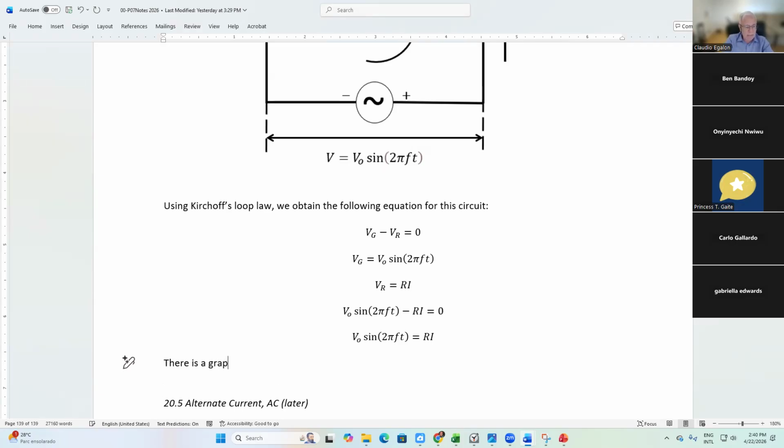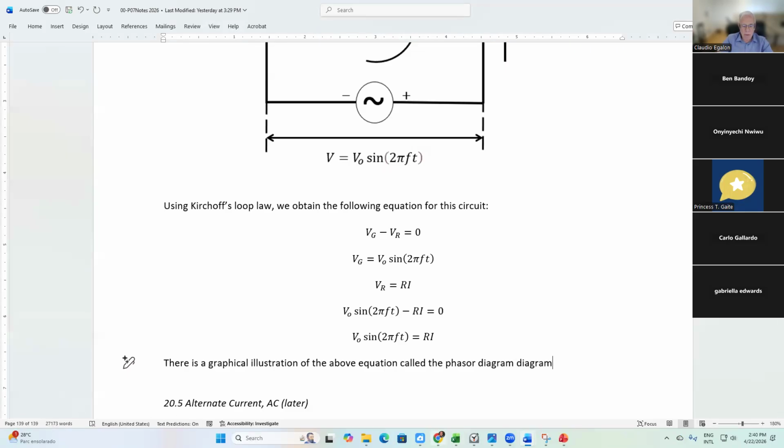There is a graphical illustration of the above equation called the phasor diagram. It's a very intuitive one.